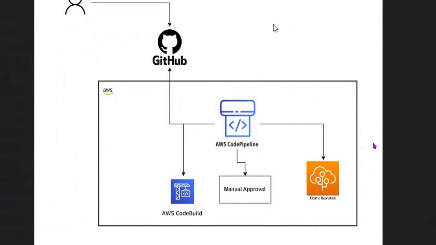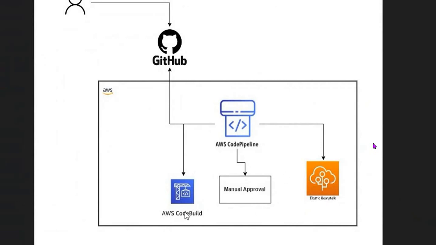But if you want more control over your application, what you can do is, first I created a GitHub repository, and then I used services like CodeBuild, CodePipeline and Elastic Beanstalk.